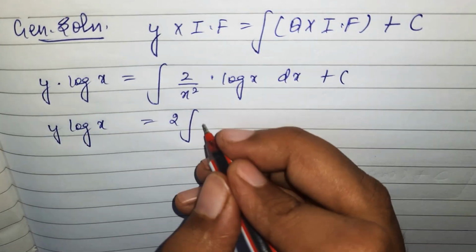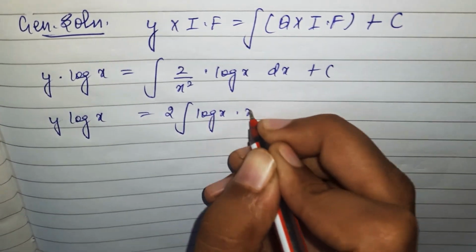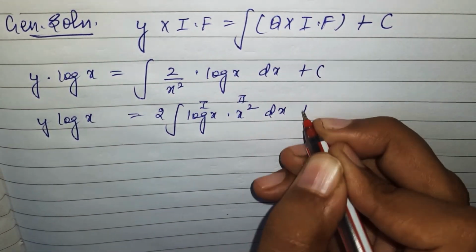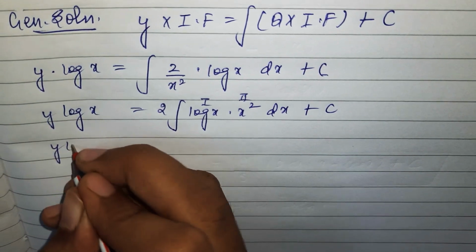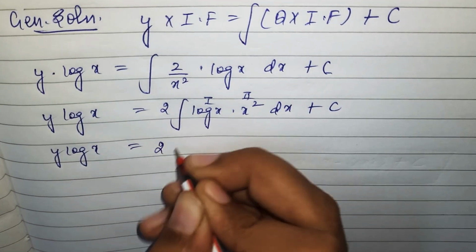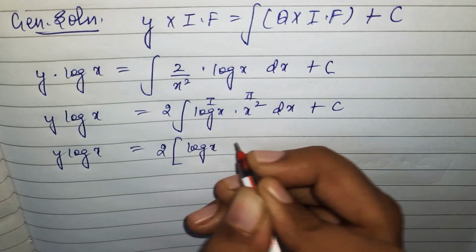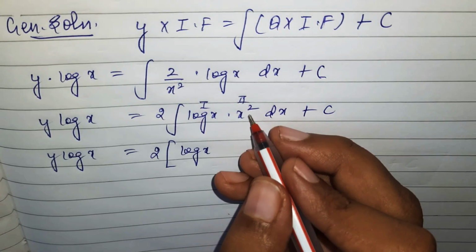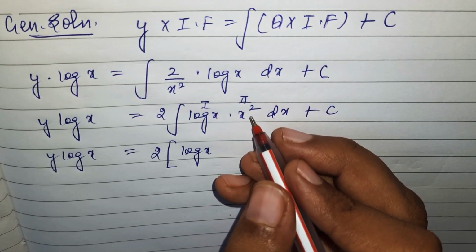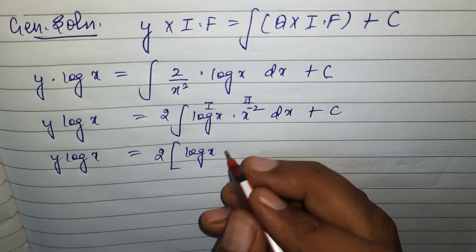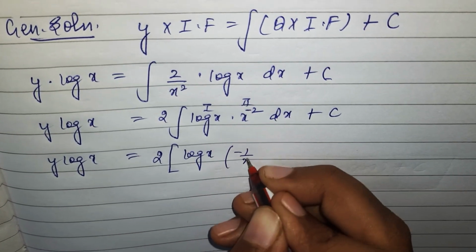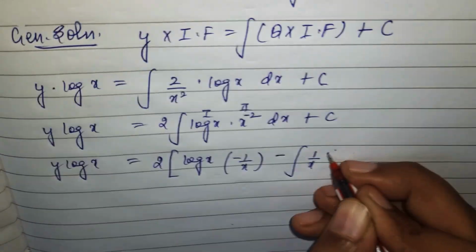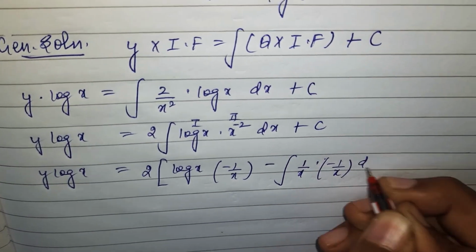If I want to do integration by parts, first function, second function, dx plus c. So y log x equals twice of first function same, integration of second function. So 1 upon x square is x raised to the power minus 2. So I am finally getting minus 1 upon x minus the integral of differentiation of log x into minus 1 by x dx.